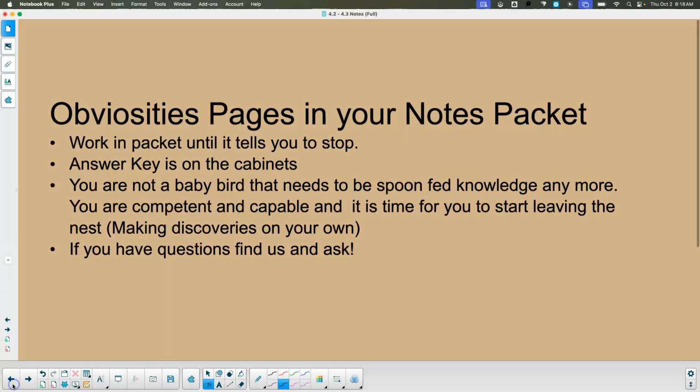The reason we call it the obviosities is because it's the stuff that should be obvious on the unit circle. We're getting in-depth here into the unit circle, and we're finding out some obvious stuff. Work in the packet until it tells you to stop, which is after section 6.